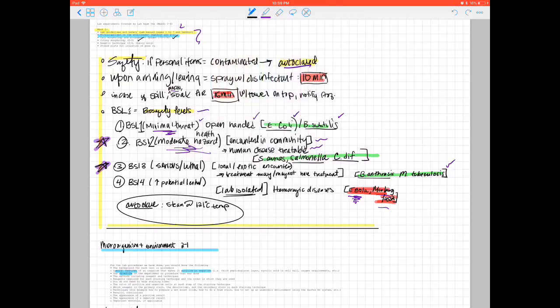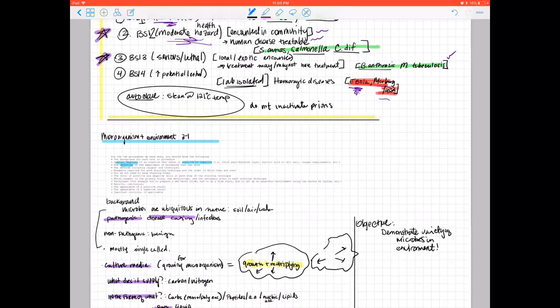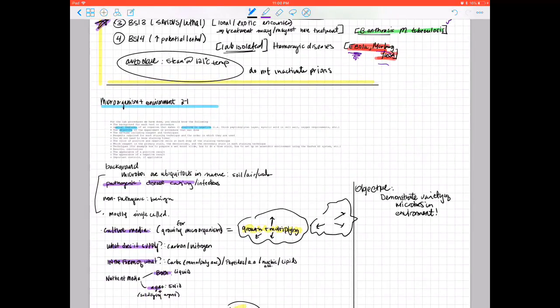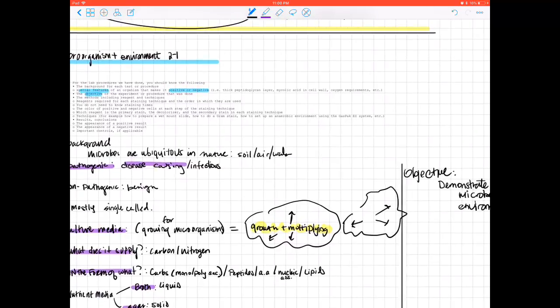But remember that these do not inactivate prions. Okay? So when we do autoclave, it's going to occur at 121 degrees with steam. I don't know if that's going to be on there, but that's something important that she mentioned a couple times. So there you go.